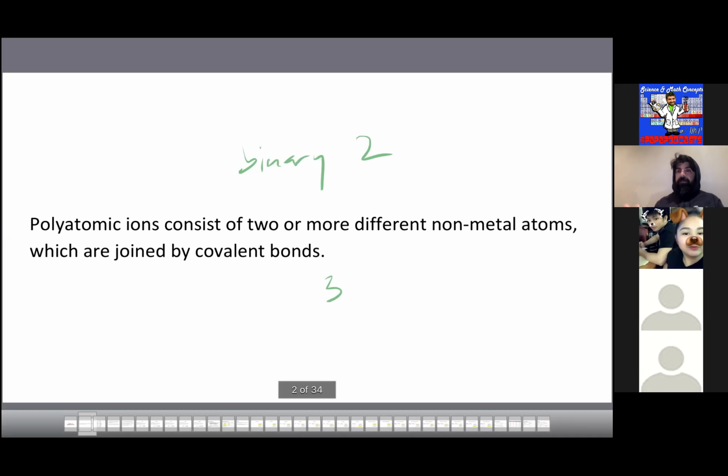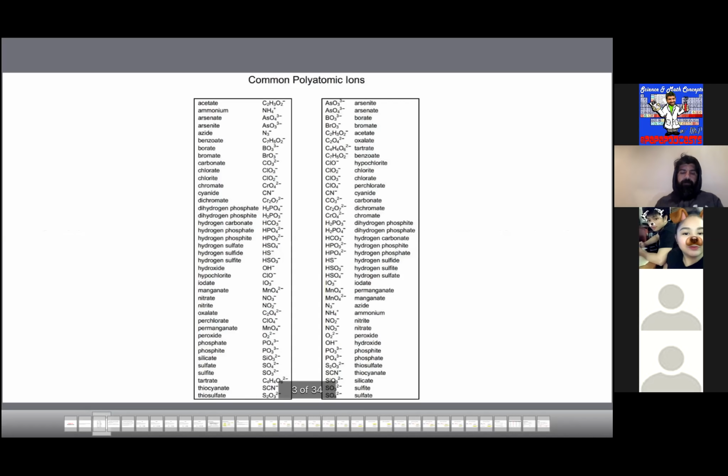But also some of the names that you're going to see will be a hint that you have a polyatomic. Okay, so here is your list of a bunch of polyatomics. Typically, I don't have you guys memorize all of these polyatomics, so I'm going to go through this lesson a little bit quicker just because there's nothing to really memorize for this course.